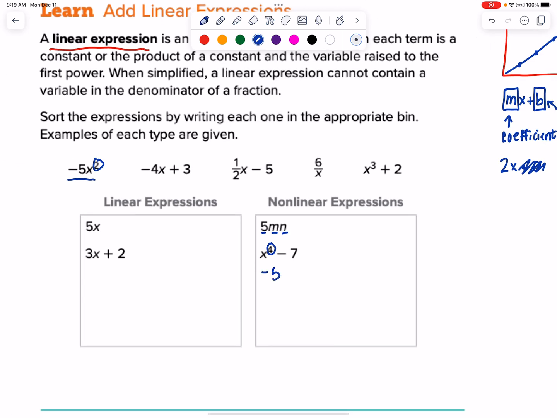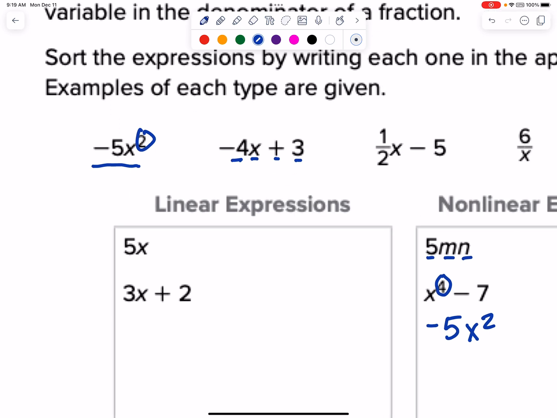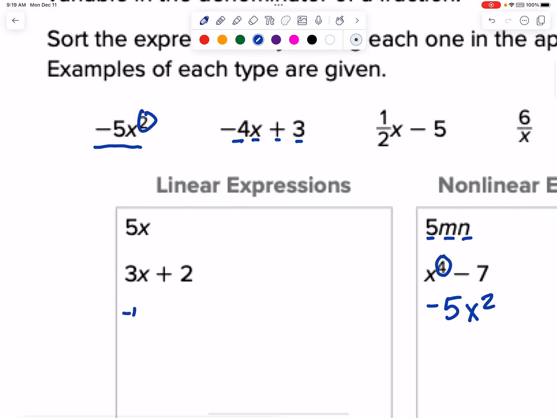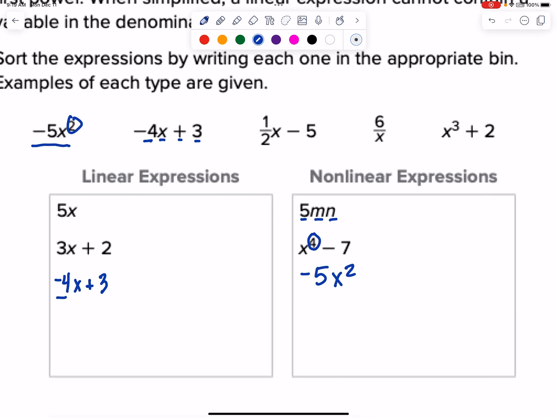Same thing with our negative 5x squared. Let's look at the next one. We have a number times x plus a number, so this is a linear expression that would create a straight line on a graph. And it's okay to have a negative amount of x, but it has to fit that template.